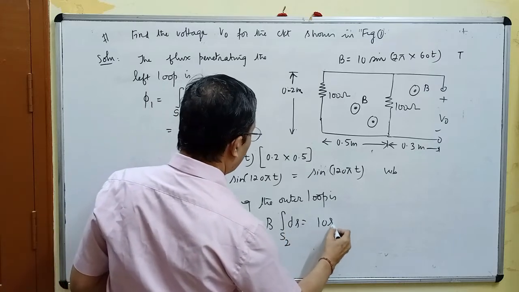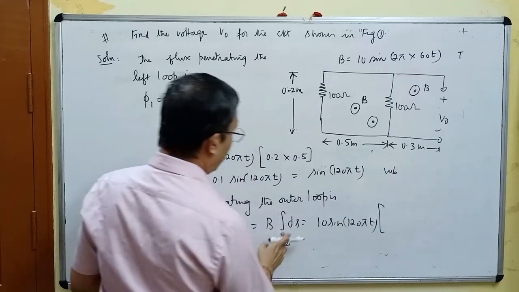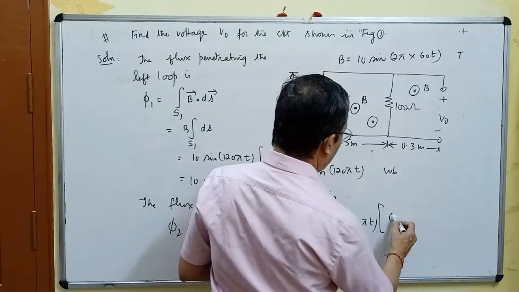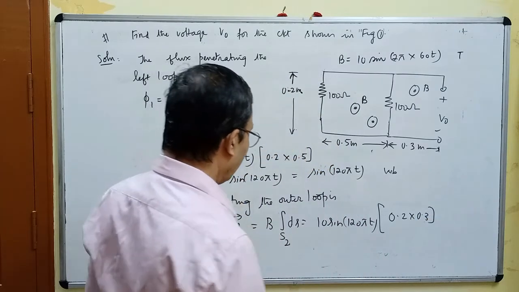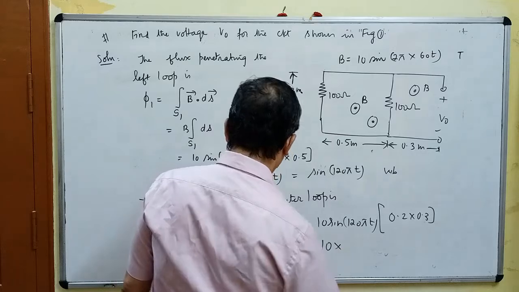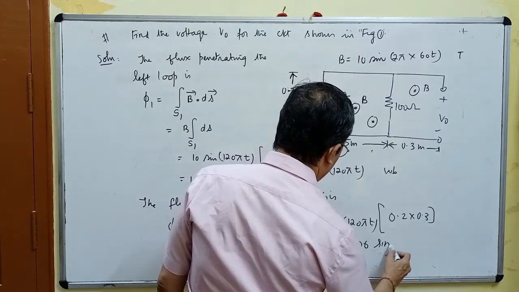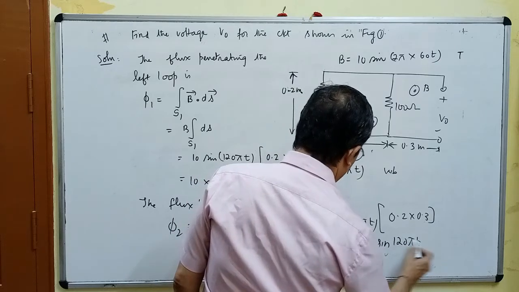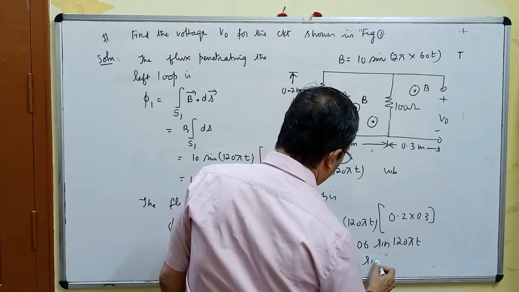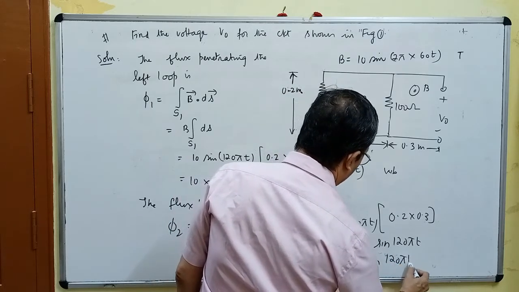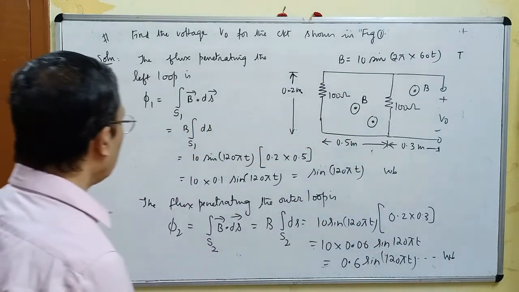B is 10 sine 120 pi t. And what is the surface integral of ds? 0.2 into 0.3, which is 0.06. So this is 10 into 0.06 into sine 120 pi t. So 10 into 0.06 means it is 0.6 sine 120 pi t Webers. This is how phi 1 and phi 2 are found.